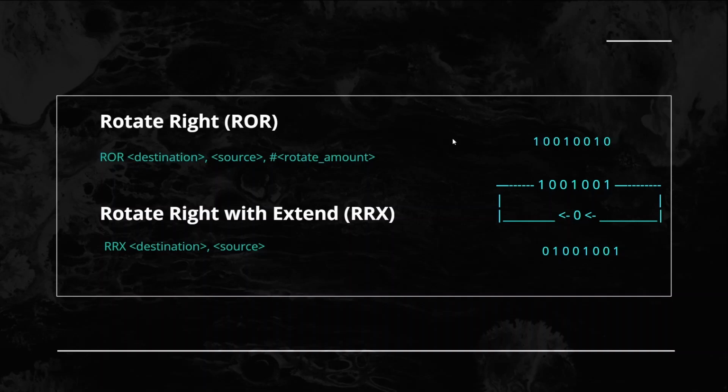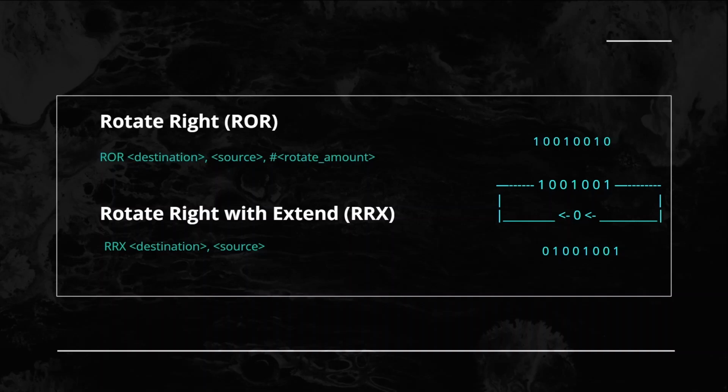As you can see in this example, we have a byte where the LSB is 0 and the MSB is 1. After the rotate right operation, the 0 from the LSB moves to the MSB.